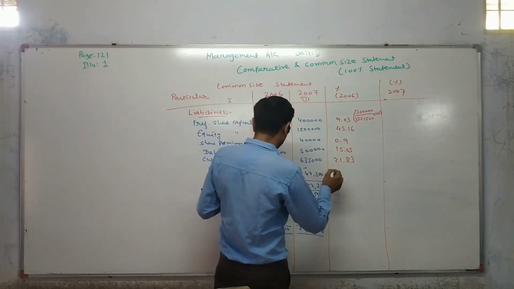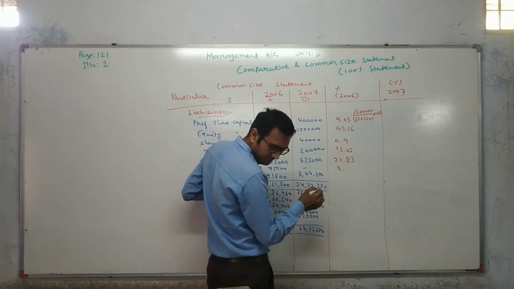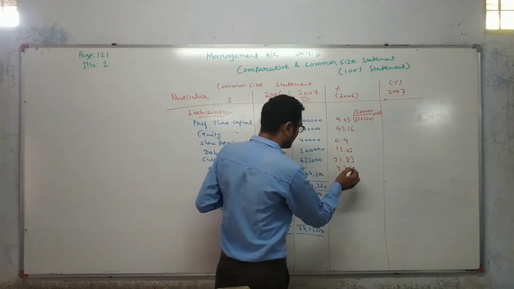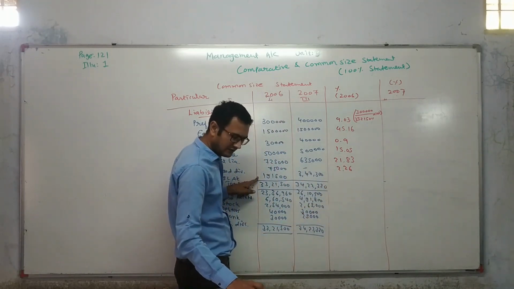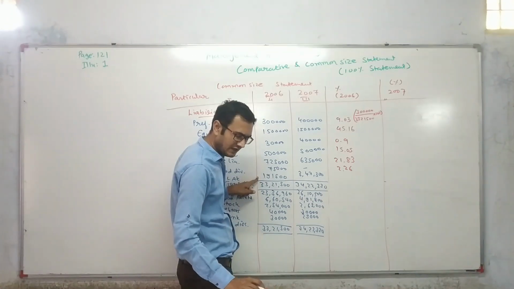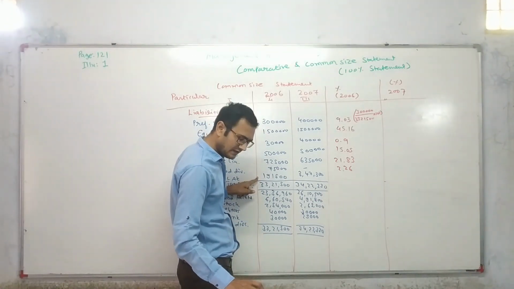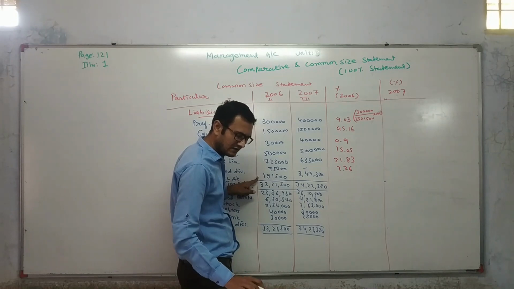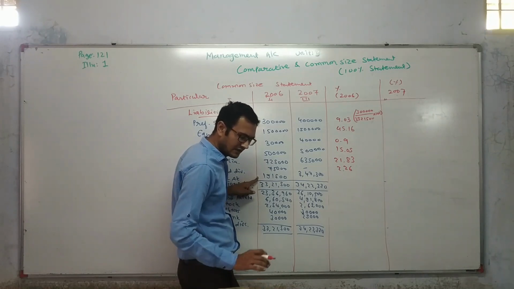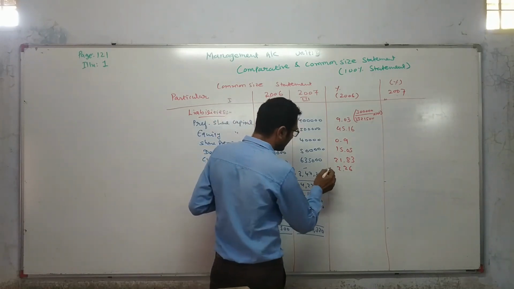So it is 2.26%. And 1,91,500 divided by 33,21,500 into 100. So 5.77%.